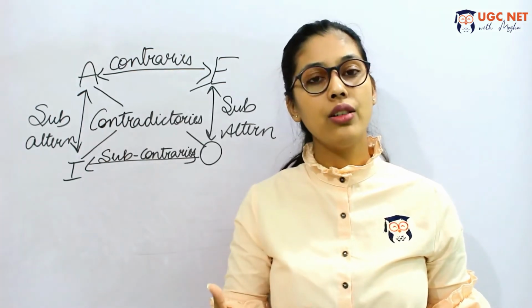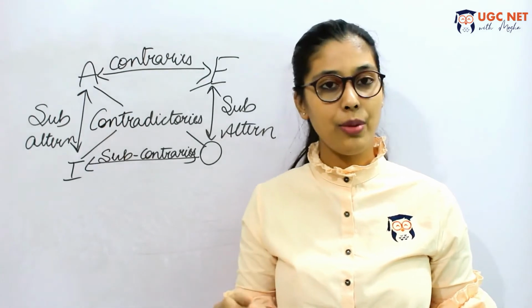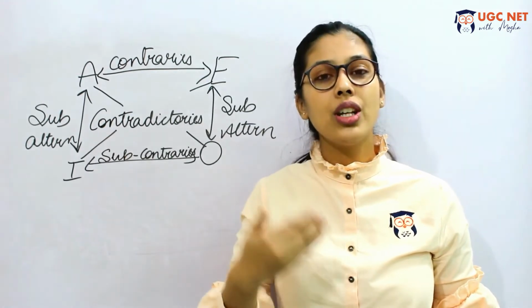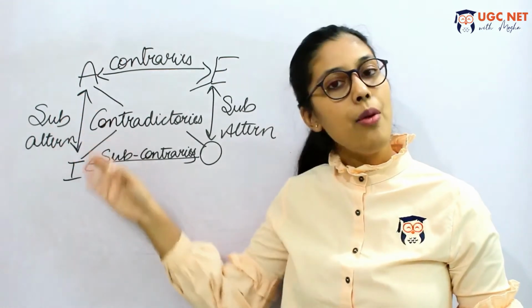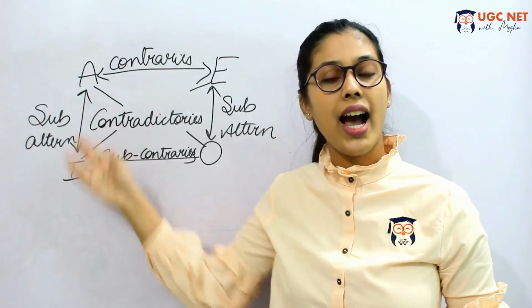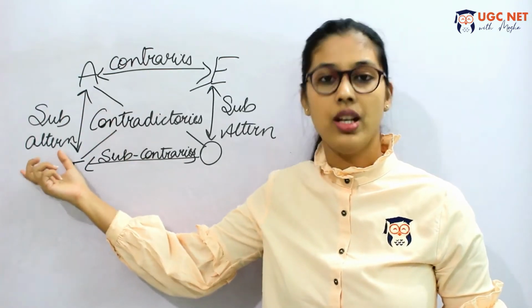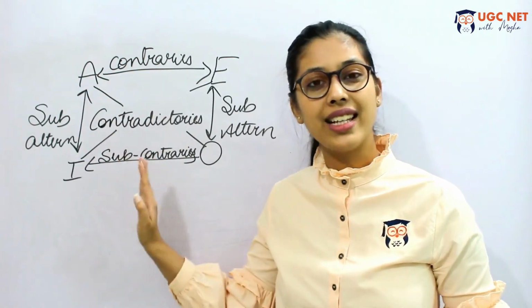Now you are required to identify the type of these statements, and then if you have identified the type of statement, okay, this is A type statement and this is I type statement, so you can easily deduce the relationship. The relationship would be subaltern, because A and I have a vertical relationship which is subaltern relationship. In this manner you can solve the first set of questions with the help of this single diagram.